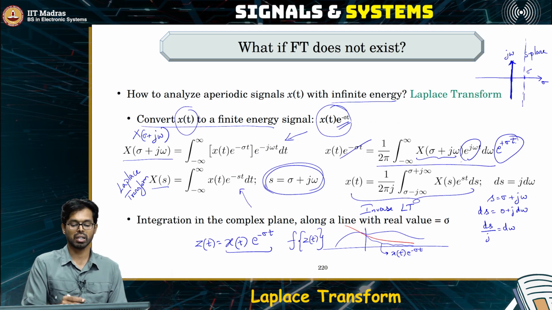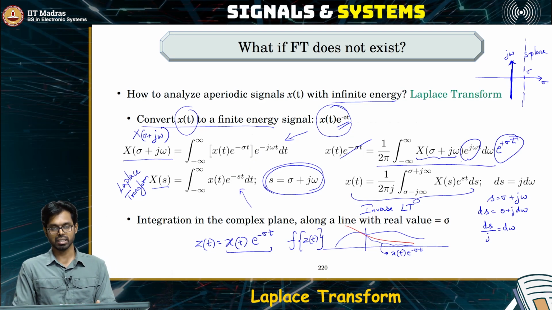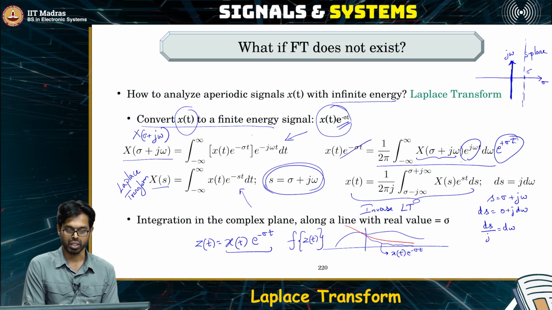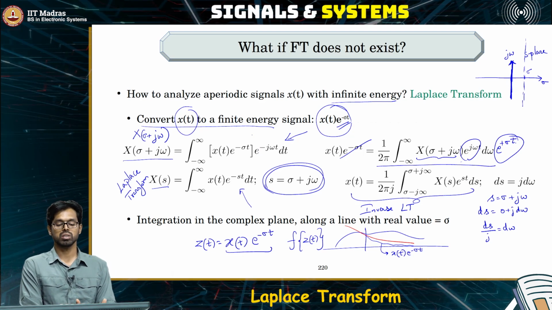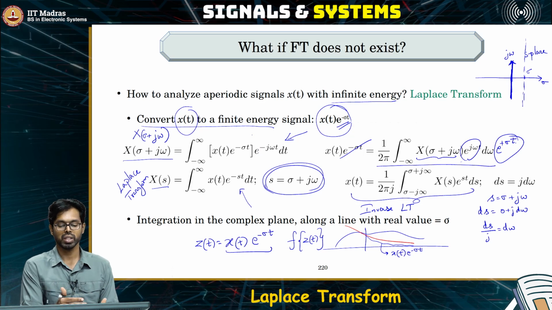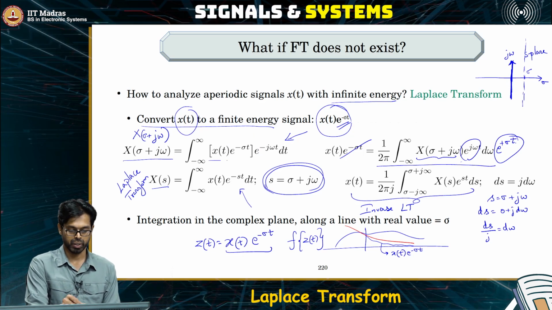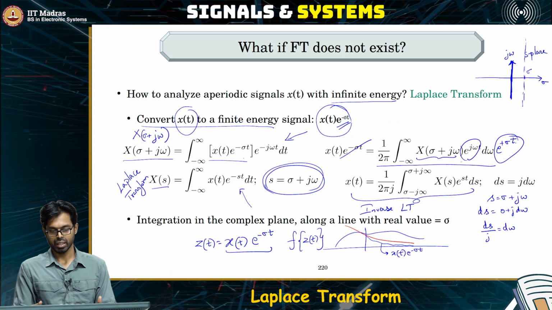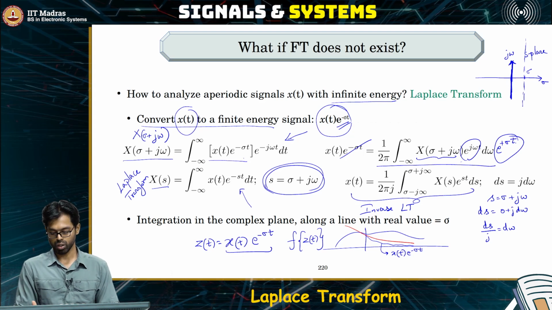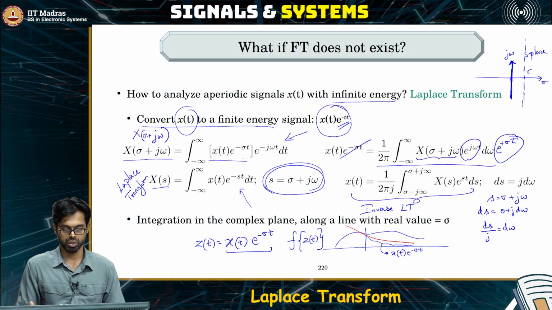So whenever the Fourier transform of x of t e power minus sigma t exists, the Laplace transform also exists. So what are the choices of sigma for which this Fourier transform exists? This set of choices of sigma is what we refer to as the region of convergence.